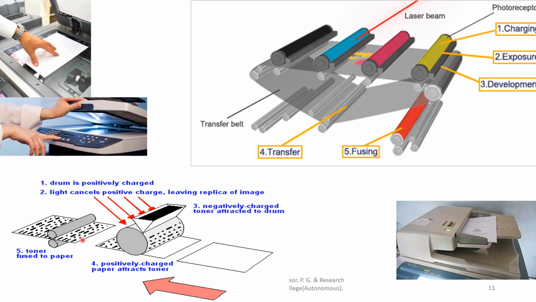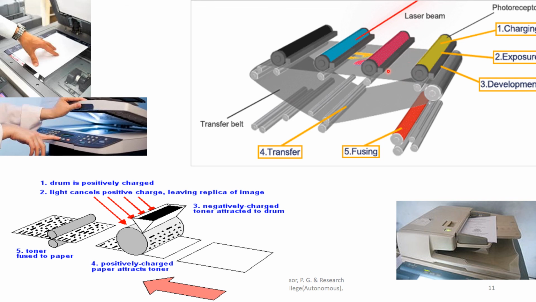Then there is fixing: the toner particles carrying the developed image are fixed on the paper surface by a combination of heat and pressure. The toner particles left over on the drum are removed mechanically or electrically.